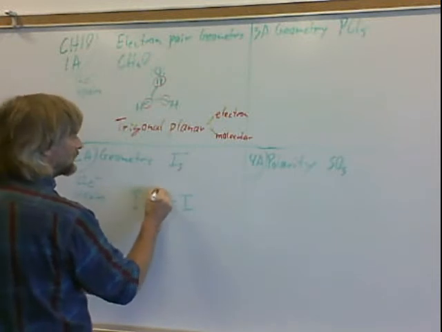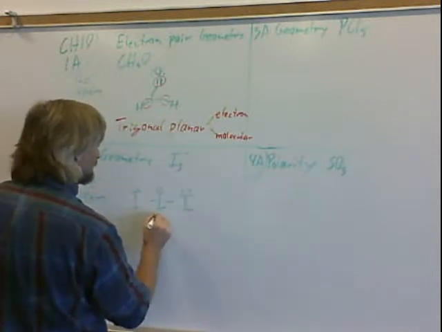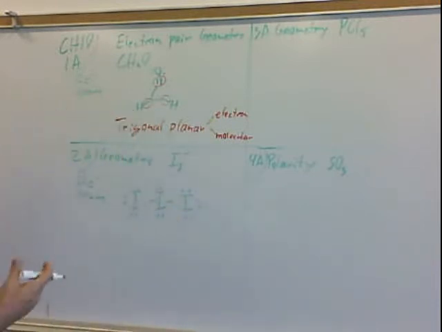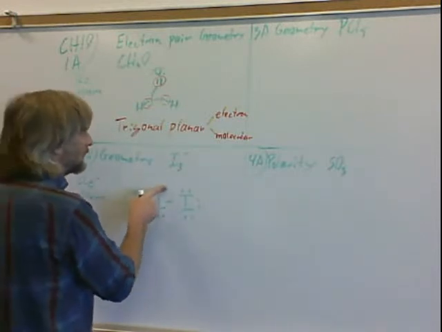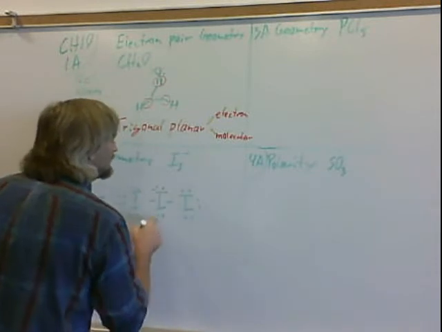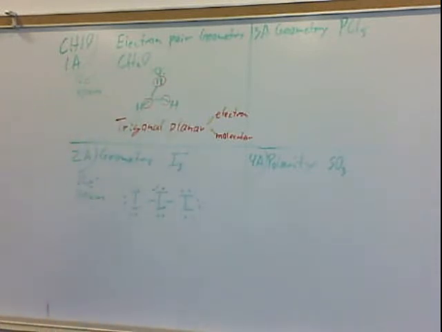So 1, 2, 3, 4, 5, 6, 7, 8. We have completely filled up the octets in all 3 atoms, but we still have 1 pair of electrons to use up. So in this situation, we're going to put them on the central atom. Just slide that 1 pair aside, squeeze on this 2nd pair. This will, of course, only happen when we're dealing with a period 3 or higher element, period 3, 4, 5 element.